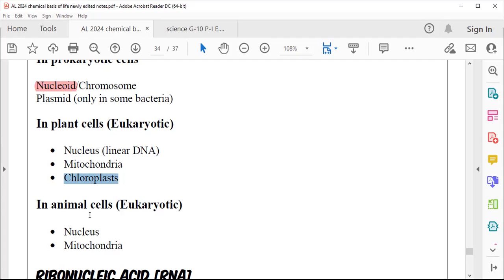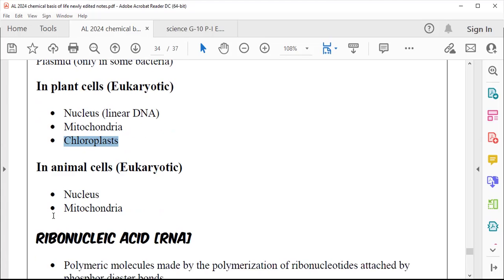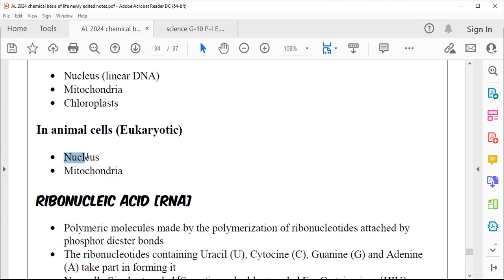In animal cells, where will you find DNA? Nucleus and mitochondria. Linear DNA in the nucleus, circular DNA in mitochondria.